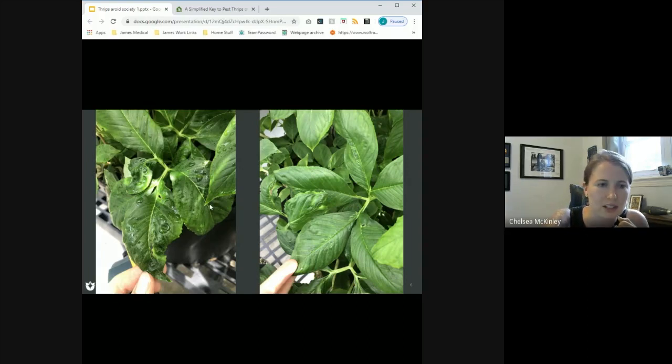So the thrips didn't actually chew these holes into the leaves. It's just damage from when the leaf was expanding. So it maybe started out as a teeny tiny hole, and then as the leaf expanded, it got larger.